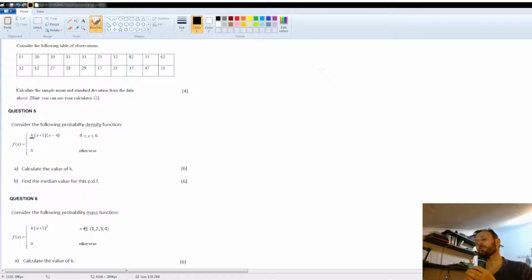So if you're dealing with a probability mass function, all the values must be less than 1 and all the values must add up to 1. That's a probability mass function. Probability density function, if you add up all the values, well, you can't. If you integrate all the values, it gives you 1. So we're going to do that. Calculate the value of k.